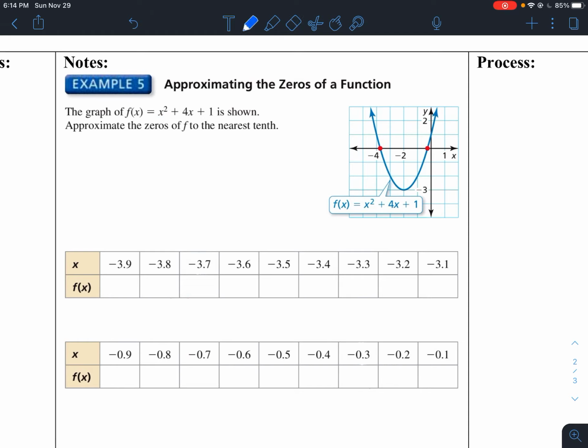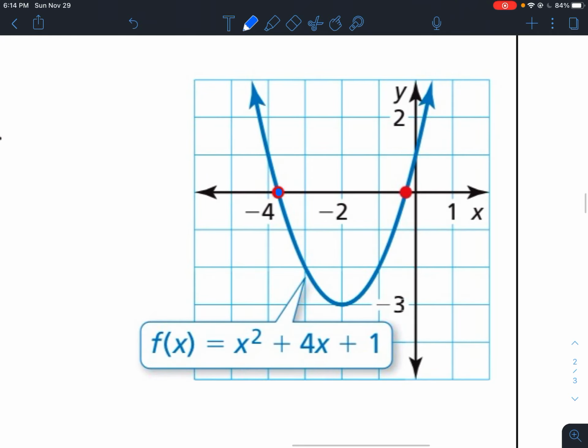And it wants us to approximate to the nearest tenth. Okay, so we see here that we have a 0 between negative 4 and negative 3, and between 0 and negative 1. So we don't know exactly where it is.